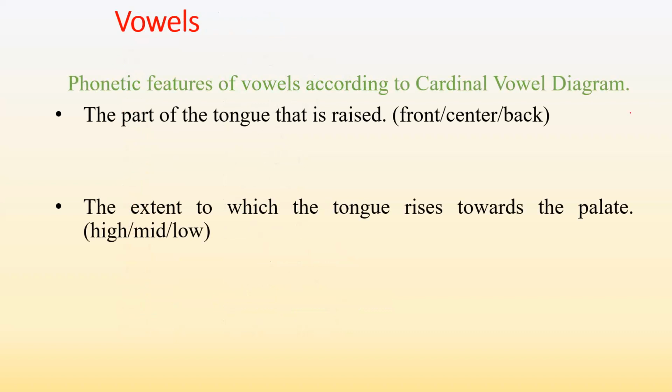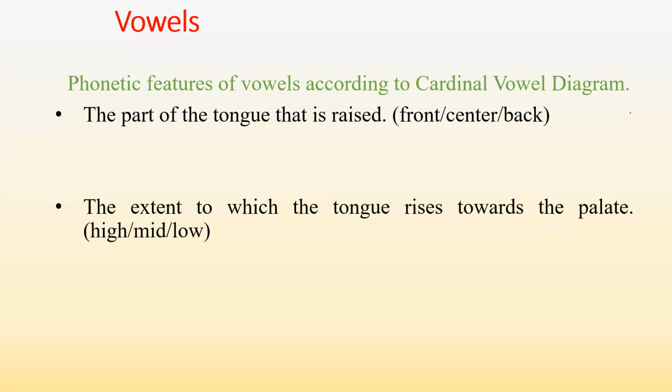Right. So when we talk about the vowels, then just like in the consonants, here also there are phonetic features. And all these phonetic features are talking about, of course, the place of these vowels. Of course, the place is tongue. Tongue is the place, but different parts of the tongue are involved.